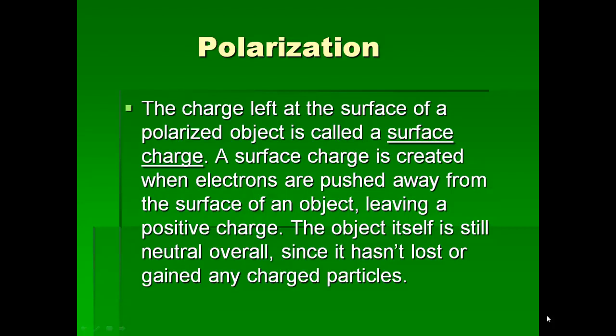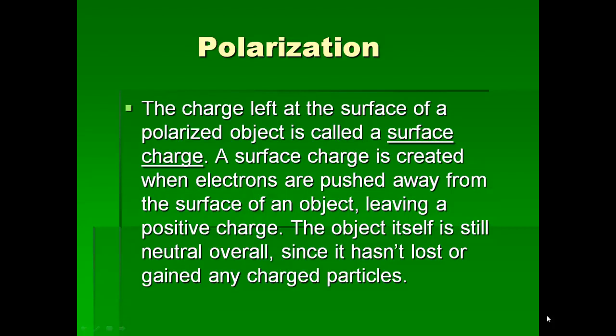At this point, there's one last thing I want to mention before I end the discussion today. Think for a moment about why all of these different methods of charging that we've talked about and polarization occur when electrons move and not protons.